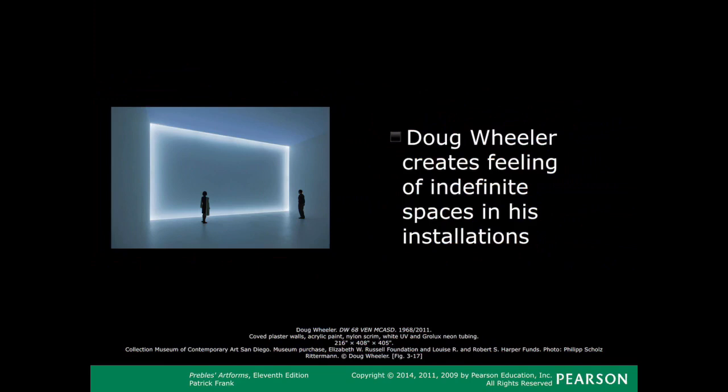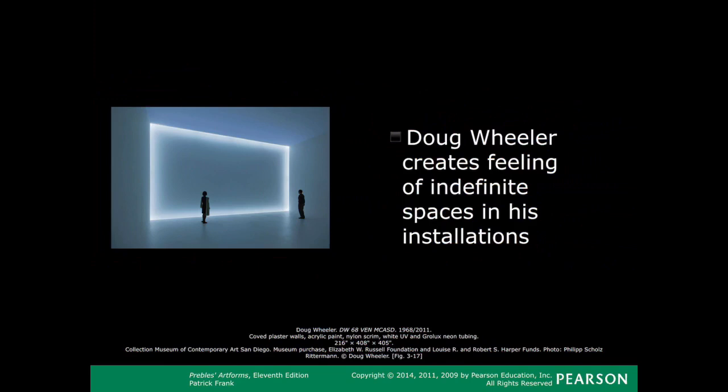And here is an example of an installation piece where the artist has a room in a museum, Doug Wheeler, and that he basically creates these lights that illuminate the corners of the wall.